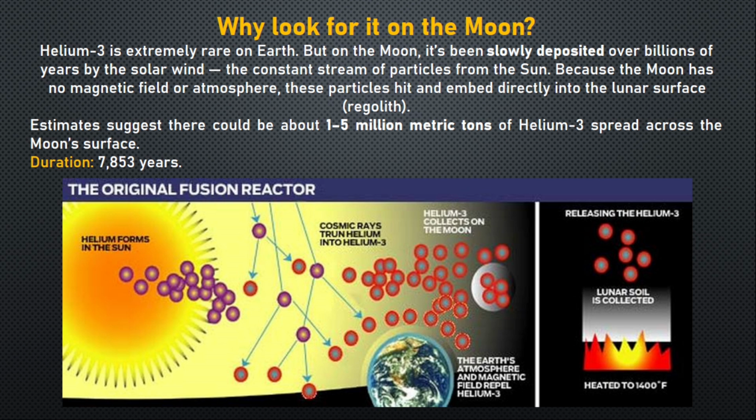Now, research has estimated that there could be between 1 to 5 million metric tons of this helium-3 spread across the lunar surface. I'm not so good with numbers, but I did some calculation. Let us use 3 million metric tons.